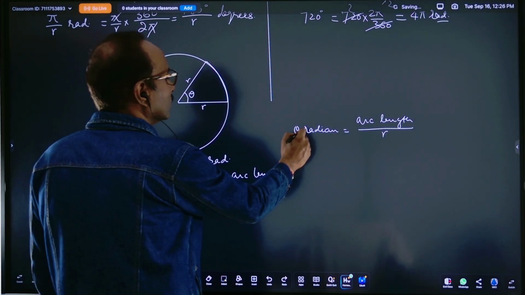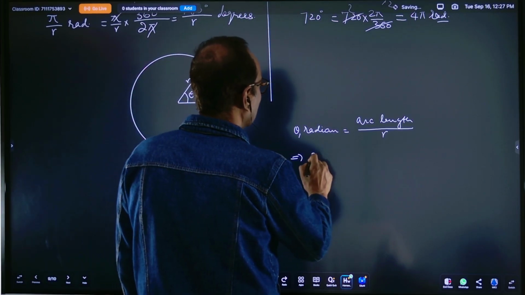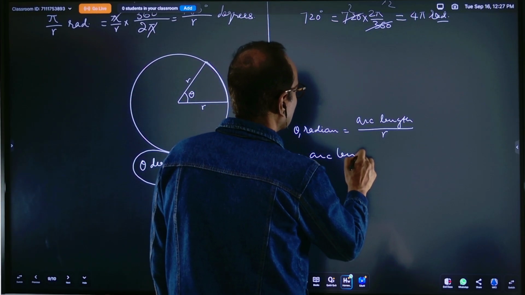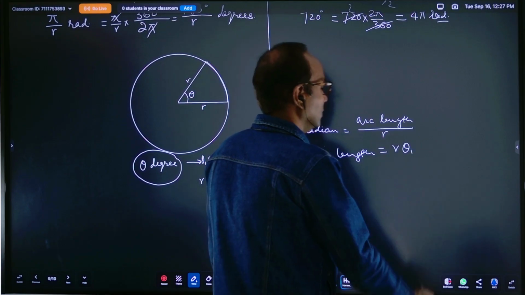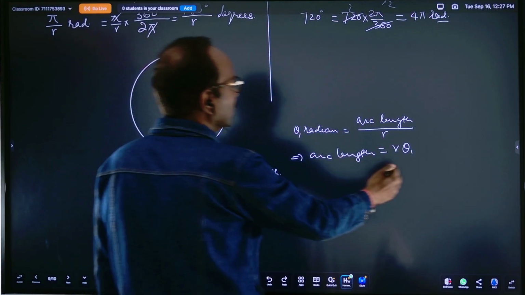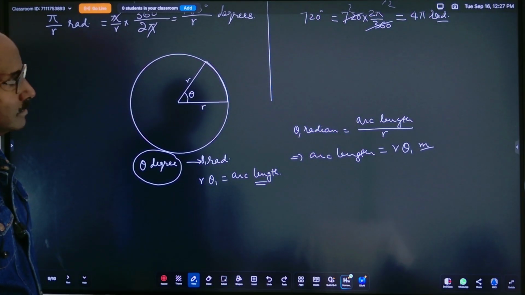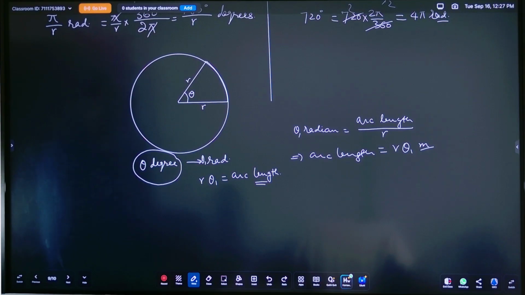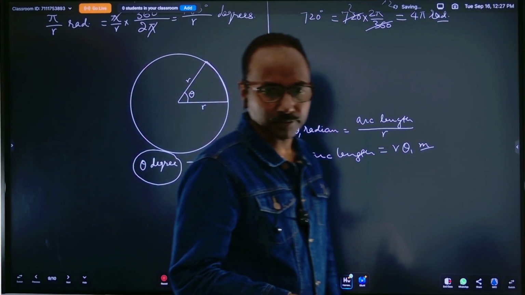Since we are writing theta 1 here, theta 1 radian. So you will get arc length equal to r into theta 1, if r is in meters. Simple cross multiplication.